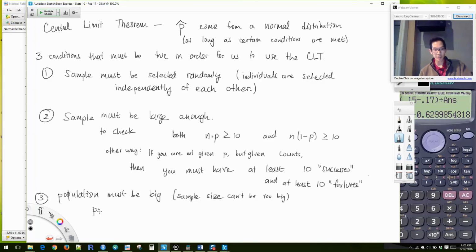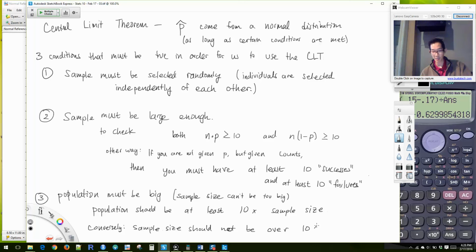So the population should be at least 10 times the sample size, or conversely, the sample size should not be over 10% of the population.